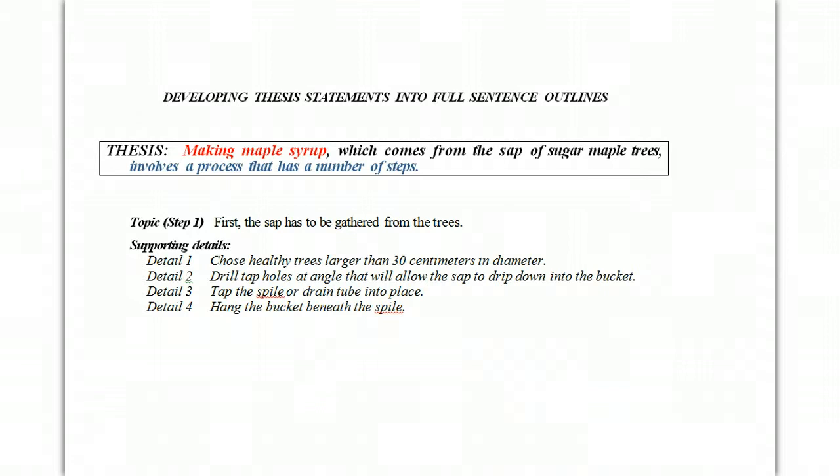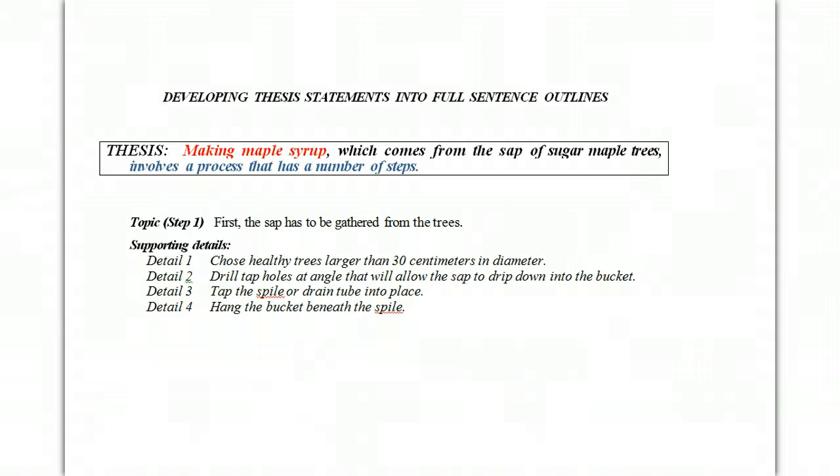And our detail number 3 is tap the spile or the drain tube into place. That's a complete sentence. Each of these is a complete sentence because the subject implied is you. You choose, you drill, you tap, and then finally you hang the bucket beneath the spile.